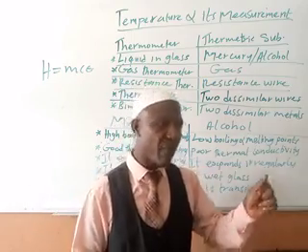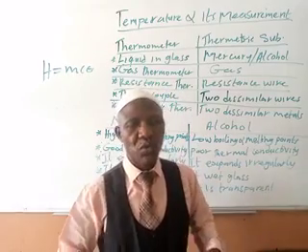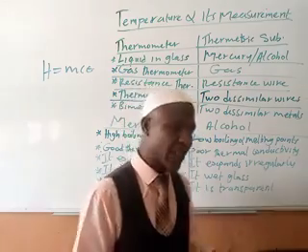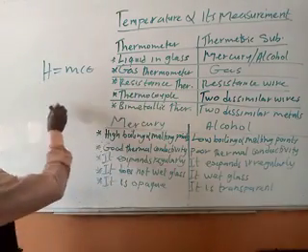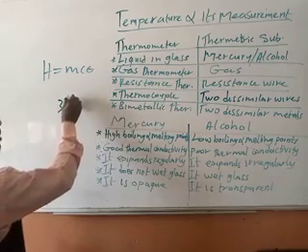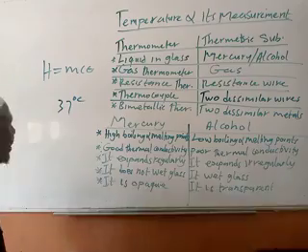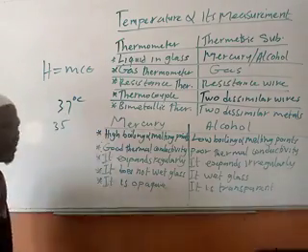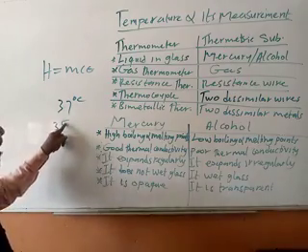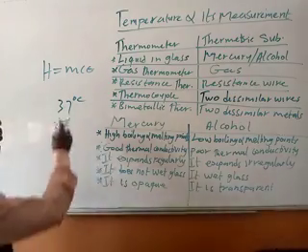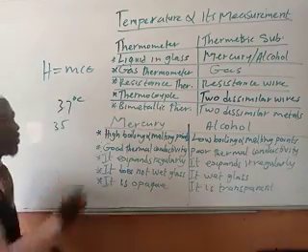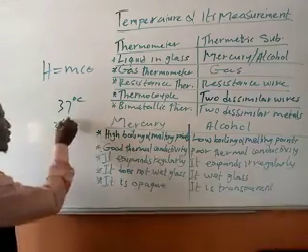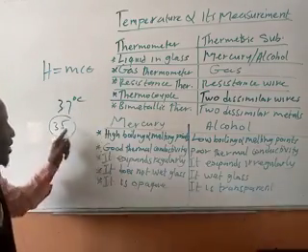You may touch your friend's body because you are having below normal temperature. Let's say the normal temperature is 37 degrees centigrade. If your temperature is 35, that is abnormal, and you are the one having the problem. If you now touch this person's body, because we said heat moves from higher temperature to lower temperature, in your own body you feel hot.